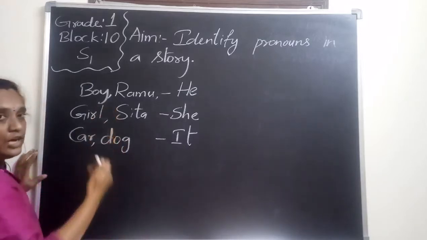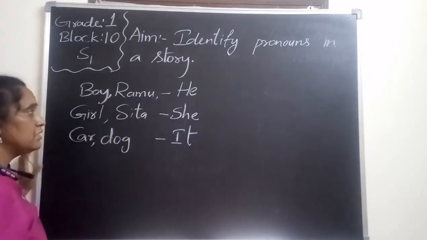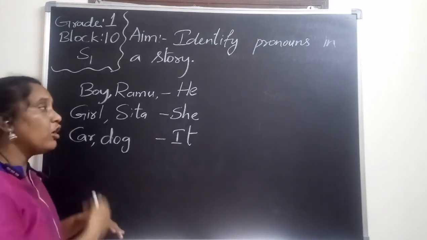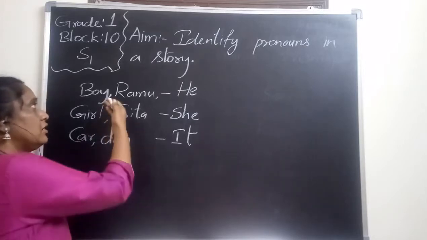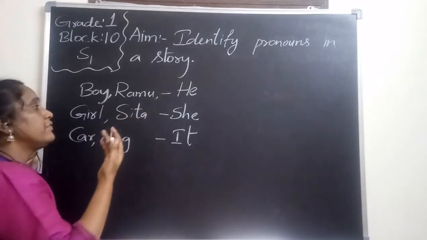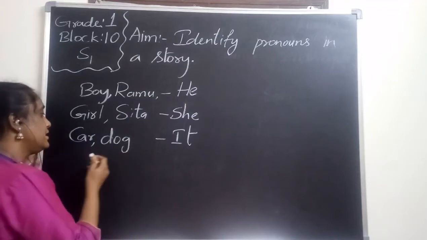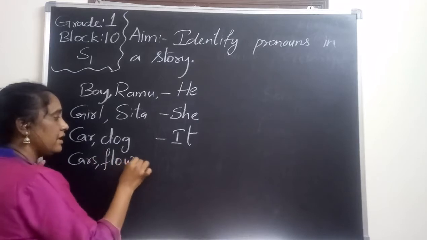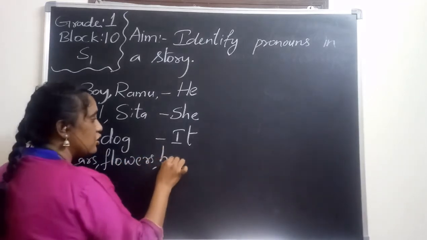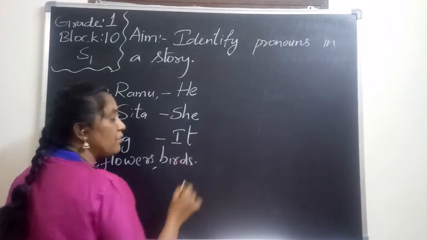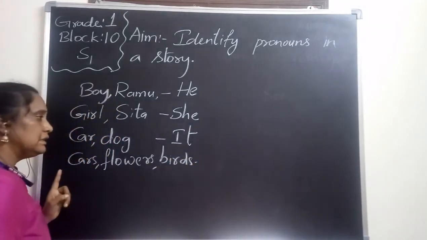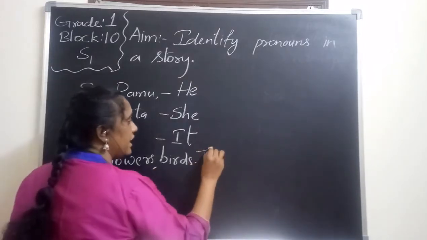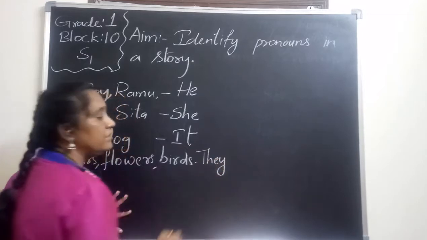Now, if we take two boys, two girls, two things or more than two, or a combination of all, like two boys and a girl, three boys and five girls, or many things like cars, flowers, animals like birds, so many plural, if we take the plural form of animals, things, maybe places, all we say as they. We use the pronoun they.